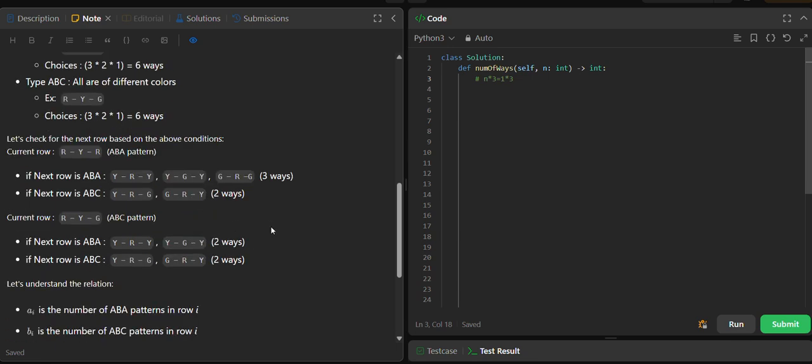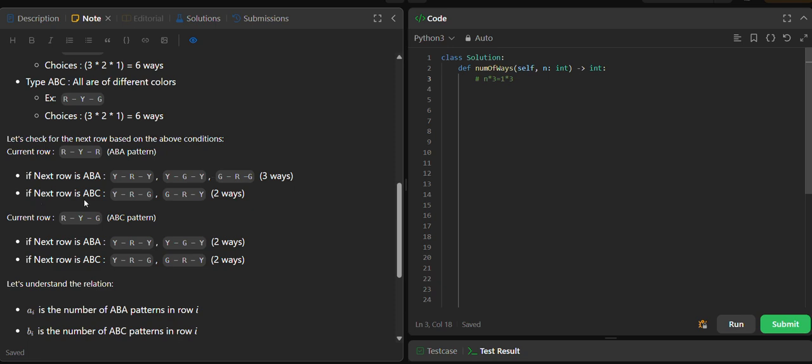Now let's check how the next row will be painted as per the current row. If the current row is in ABA pattern, that is red, yellow, red, then for the next row we will try both patterns, ABA and ABC. If the next row also follows the ABA pattern, then we have only three ways: yellow, red, yellow, or yellow, green, yellow, or green, red, green.